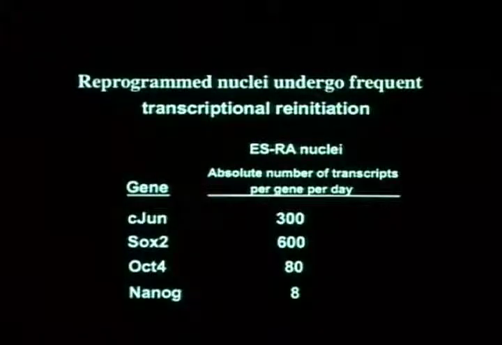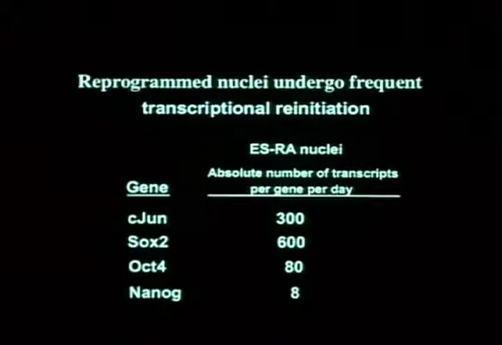And the other really important, crucial thing about these sorts of experiments is the reinitiation of transcription. You may know that if you were to make an extract of a cell and put isolated nuclei into that extract, they will not reinitiate transcription. Polymerase may run off, but it can't start again.